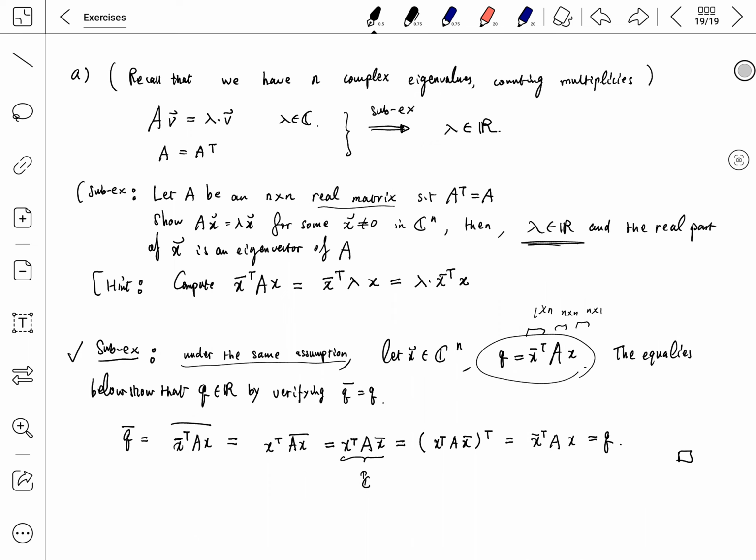So what is this? Suppose your x is x1, x2, xn.